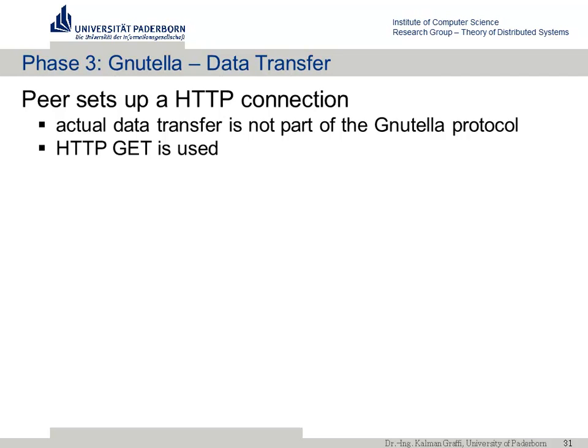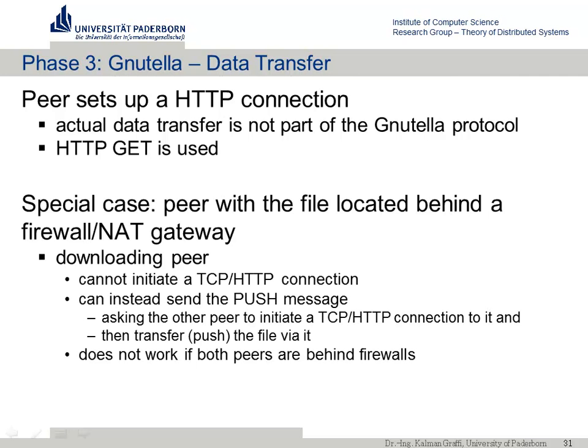Now we might again have the NAT problem, that the peer who offers the file is behind the NAT and can only be contacted by his close neighbors. In this case, when the peer is behind a firewall or a NAT gateway, the downloading peer cannot initiate the TCP connection.